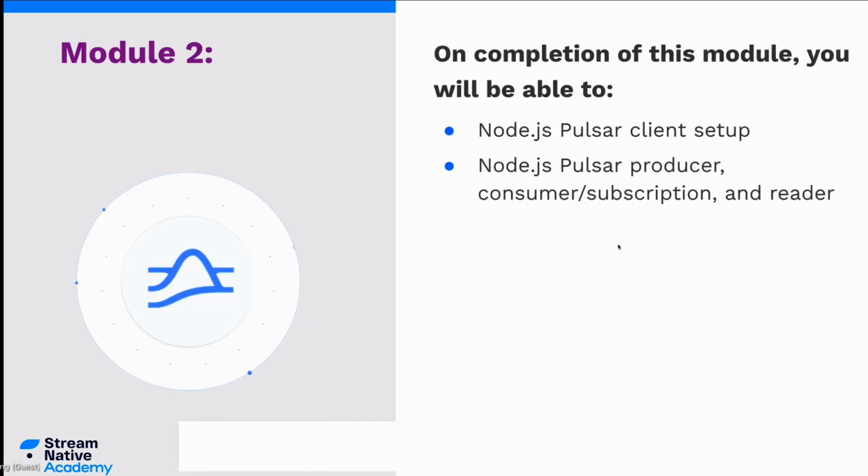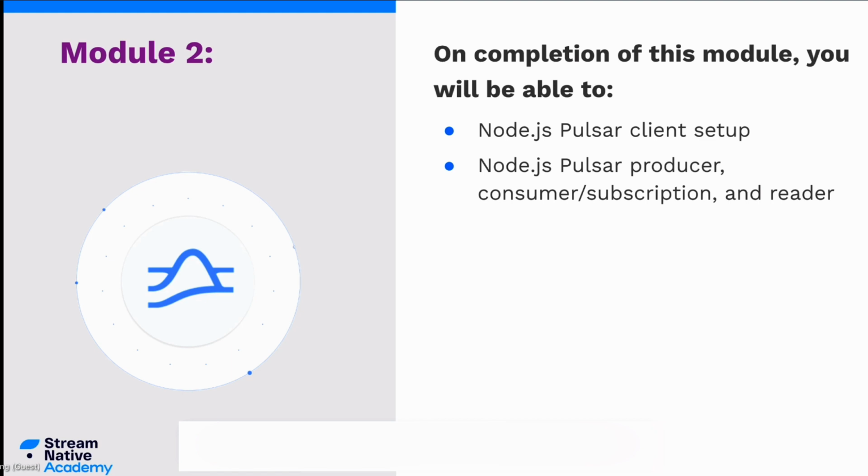Let's go to module 2. I assume that you have a JavaScript background; Node.js uses JavaScript or TypeScript, right? In the next module, we talk about the Pulsar Client. We provide a Node.js Pulsar Client. First, how do we set up the client?